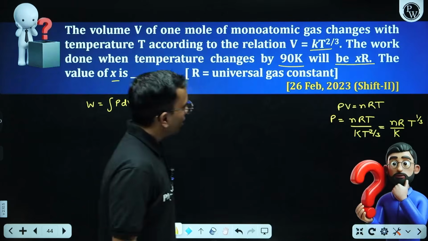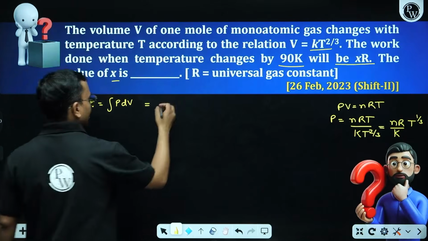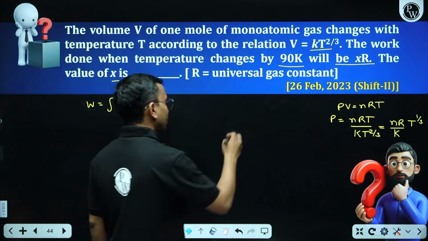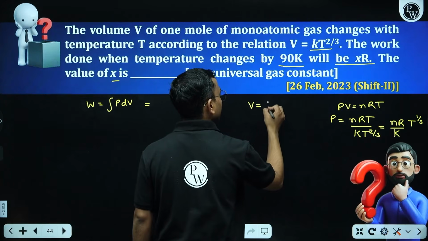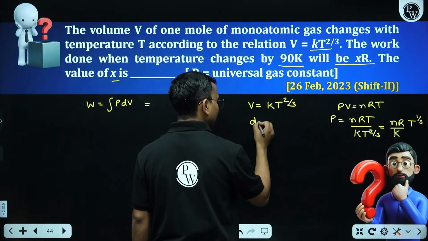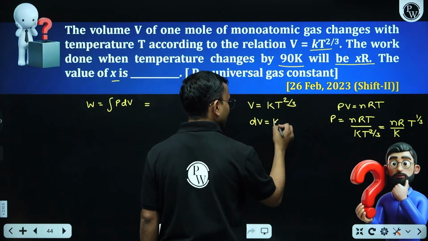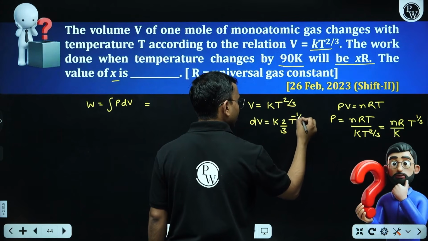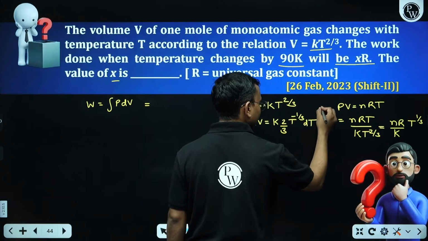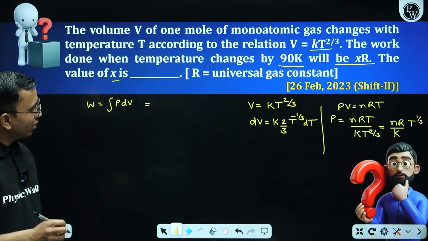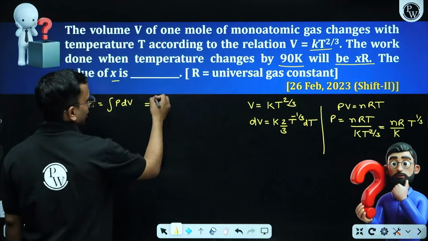Okay. Now that P I can put here. Also I need to write dV in terms of temperature. So V is K T to the power 2 by 3. So dV will be, differentiating it, K 2 by 3 T to the power minus 1 by 3 dT. Now write everything. Integration of P dV. What is P?